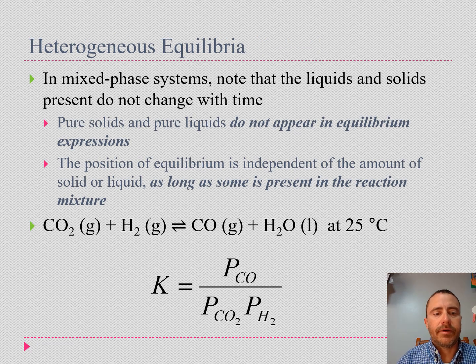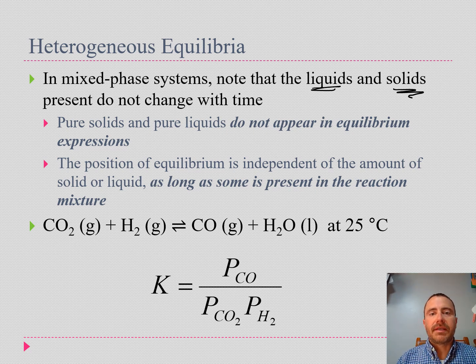The last slide here in podcast 2 is about heterogeneous equilibria. All right, if we have any pure liquids or solids, they are not going to affect our equilibria. They are just going to sit there, right?